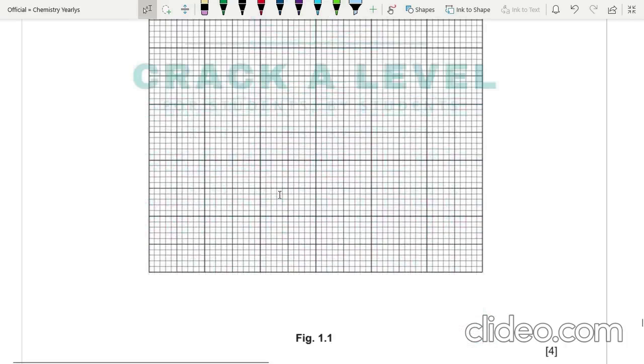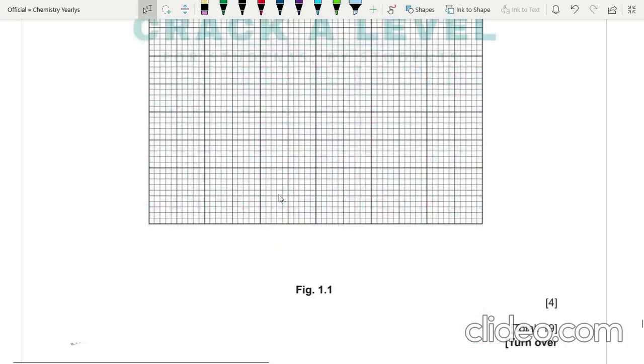So let's check how many boxes we are provided on the x-axis. It is 1, 2, 3, 4, 5 and 6. So we could use 0.5 as a suitable scale: 0.5, then 1.0, then 1.5, then 2.0, then 2.5 and then 3.0.